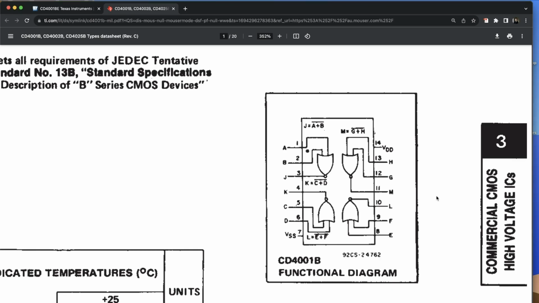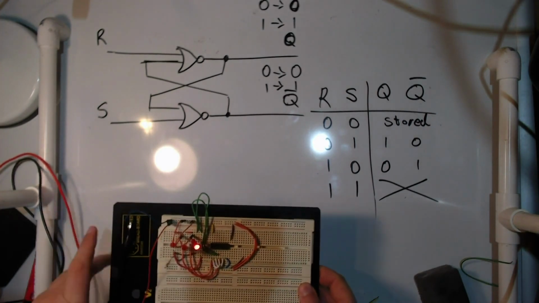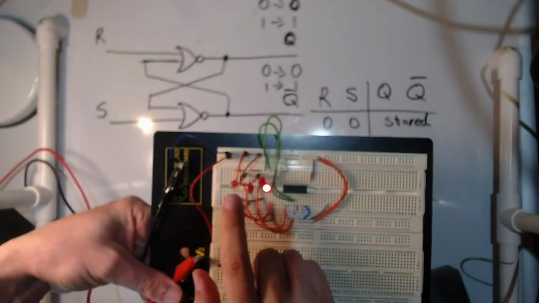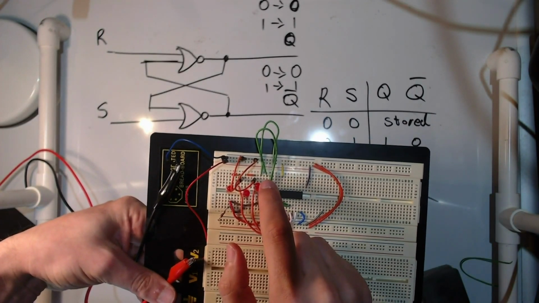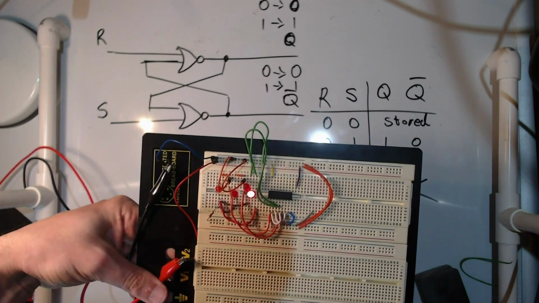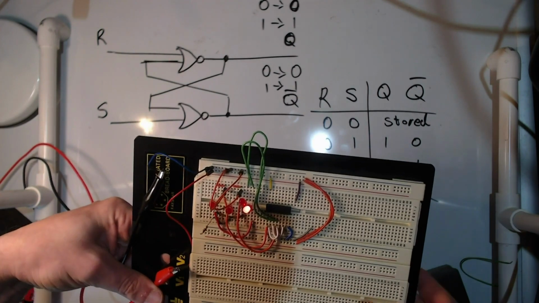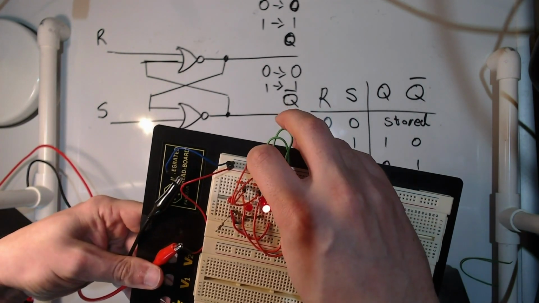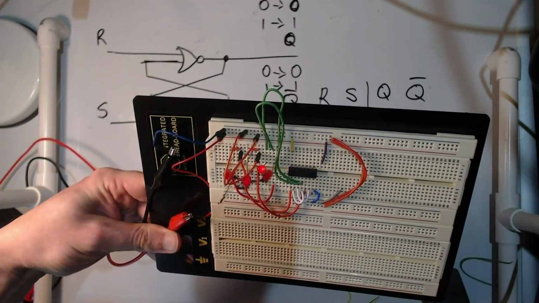But anyway, onto the circuit. If I read this from left to right, here I have my reset, my set, and this will be my Q and my not Q. We can see at the moment this circuit is storing a value of 0 in Q. All right, so let's set Q. There we go.